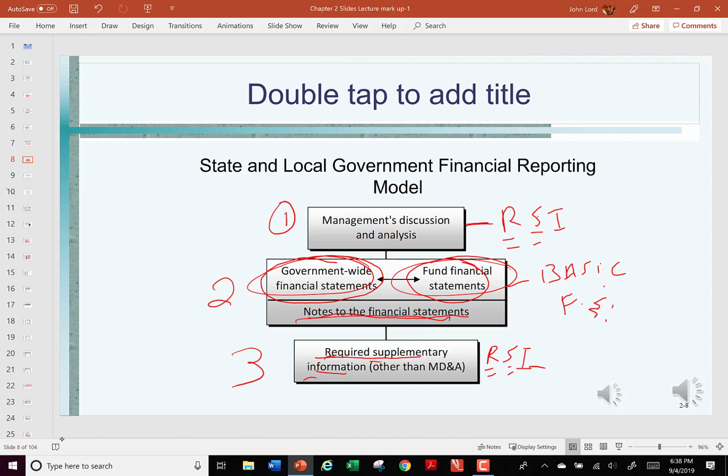If you are a general purpose government like a city or a county, you are automatically a primary government. Good. If you are a special purpose government like a school district, do you have that singular special purpose to educate children or whatever? Then you only become a primary government if you have a separate elected governing board, you're legally separate, and you are fiscally independent. If you don't meet all those criteria, what are you?